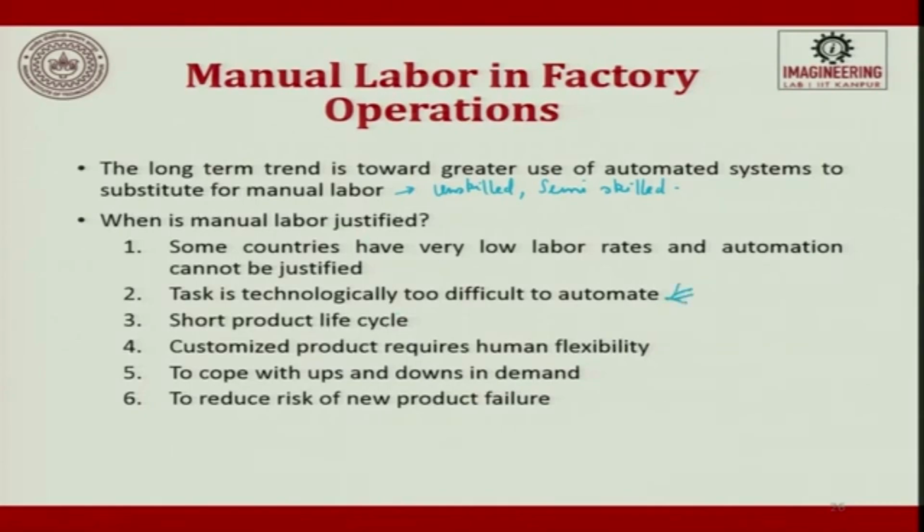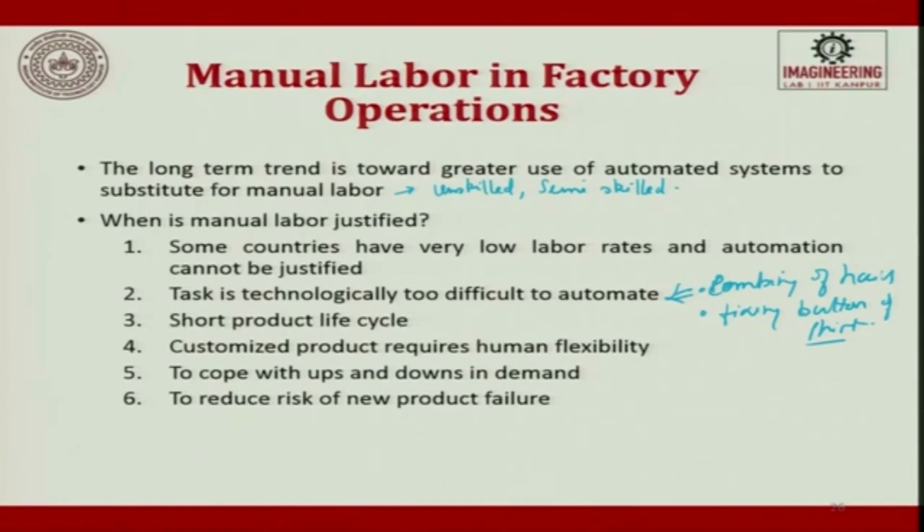For example, if they want to automate combing of hair, or if they want to help in fixing buttons of a shirt, where the task is very difficult. You need two hands, with a single hand you can't mount, or you have to modify it. So, if you want to do such operations, the automation becomes very difficult, right.